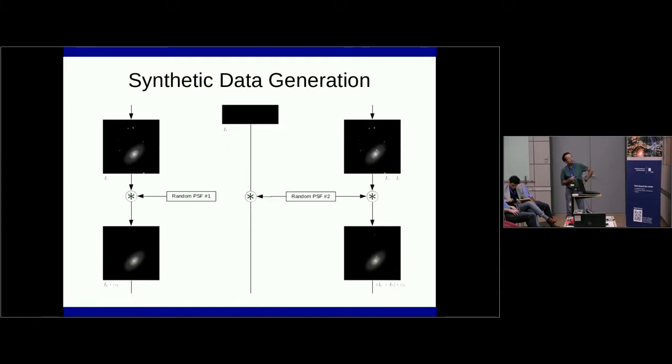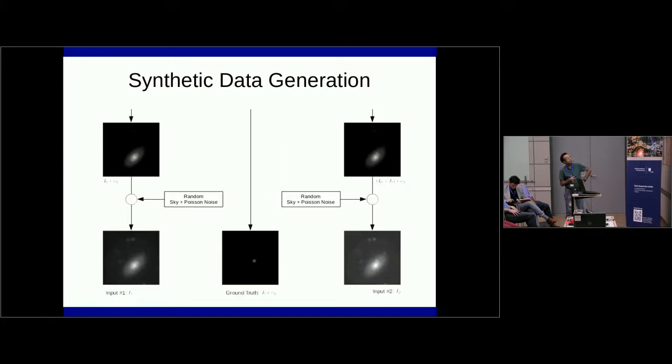Then we randomly generate two PSFs, apply them to the two branches, and convolve them. Here we add random sky and Poisson noise. The transient image also goes through the PSF2. So these are the three images that we need. This is a single sample for the network: image 1, image 2, and the ground truth.